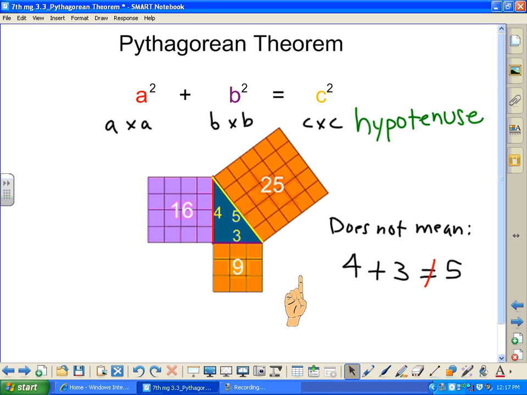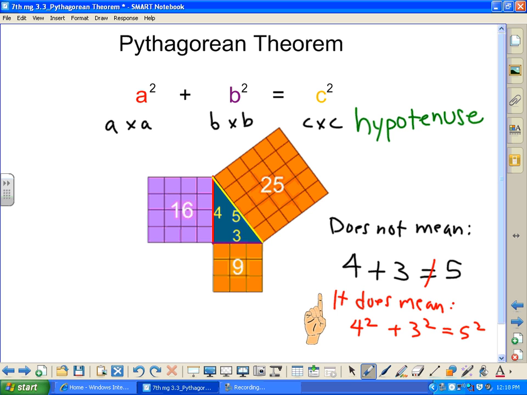What it does mean is 4 squared plus 3 squared equals 5 squared.